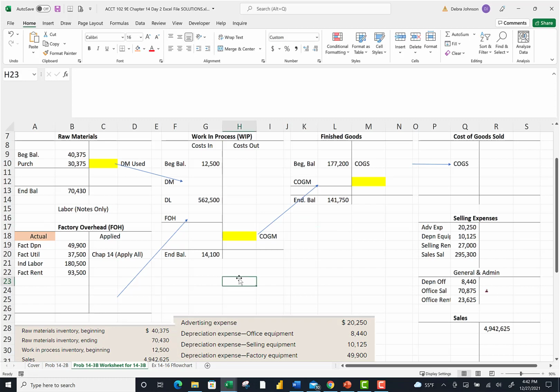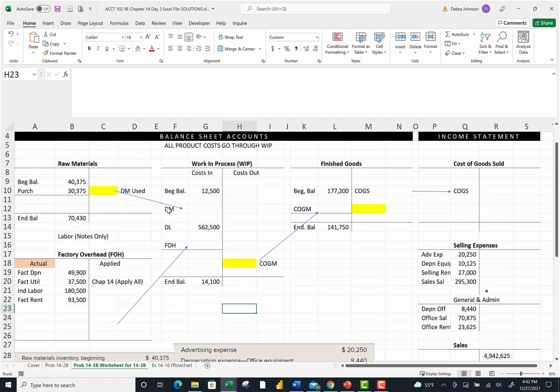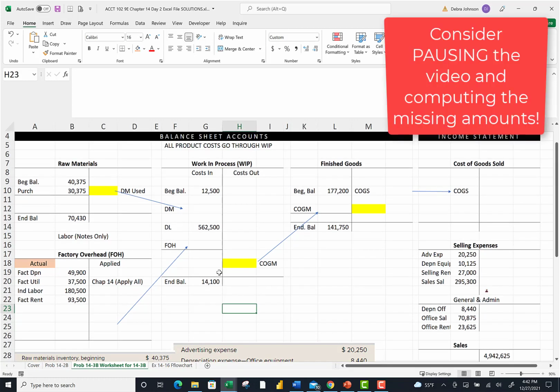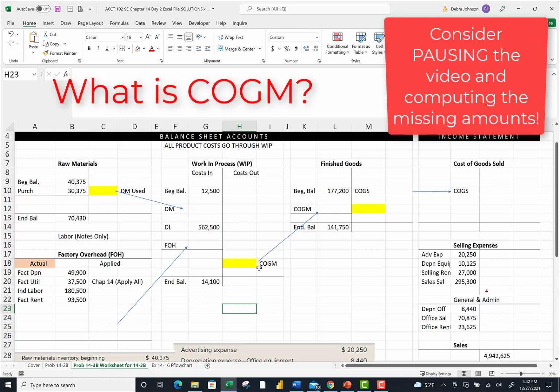So what's left are the yellow spaces specifically. Remember, the mother of all calculations, the most important calculation that we're talking about in this chapter is this cost of goods manufactured. So from a T account perspective, remember this. All product costs go through the WIP account.